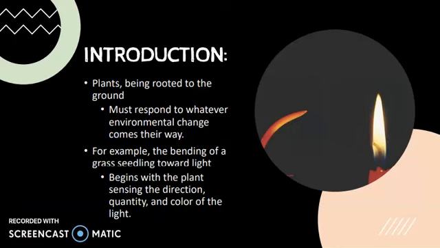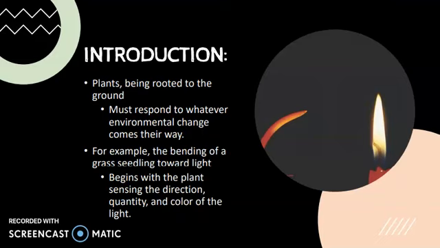In the introduction to this topic, we look at understanding the plant responses to environmental stimuli. For example, plant roots provide structural anchorage to the ground and access to water and nutrients, which is vital to the plant's survival.